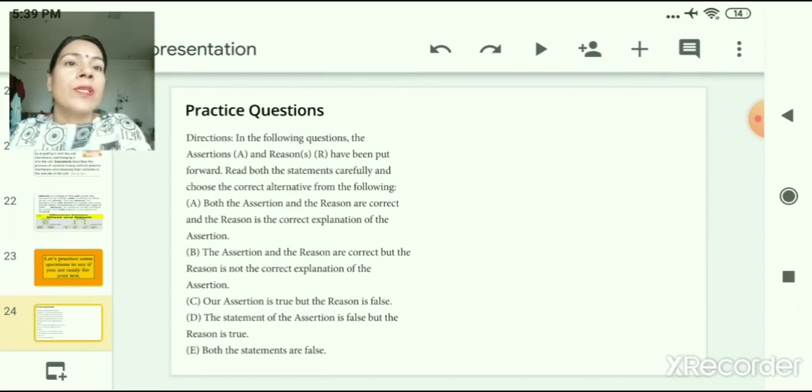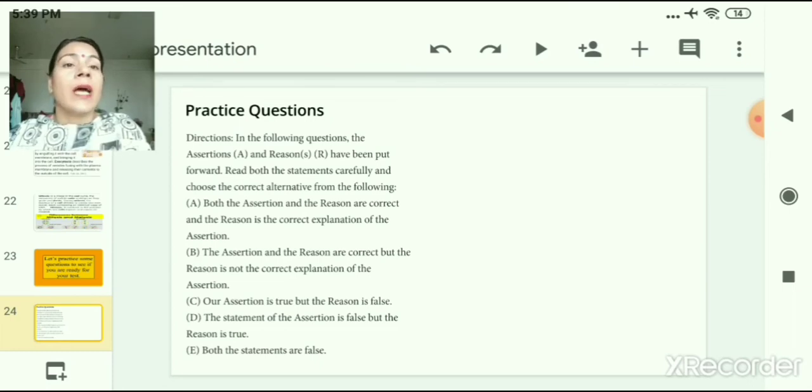Assertion A and reasons have been put forward. Read both the statements clearly and carefully and choose the correct alternative from the following. The first option is both the assertion and the reason are correct, and the reason is the correct explanation of the assertion. Second option is the assertion and the reason are correct, but the reason is not the correct explanation of the assertion.